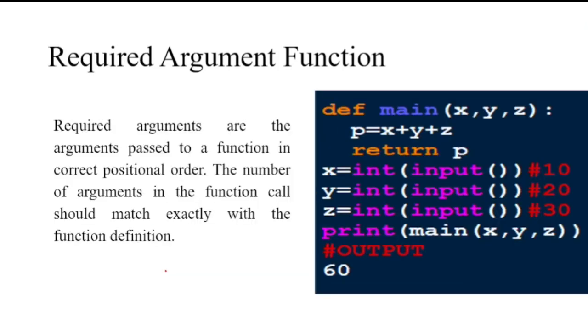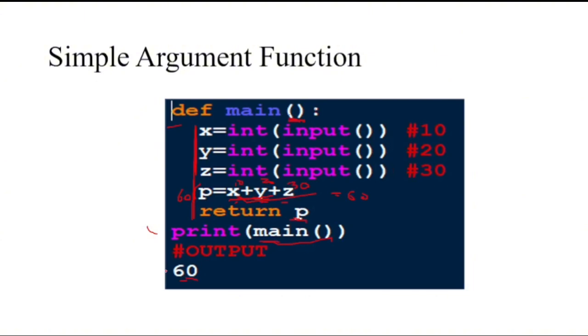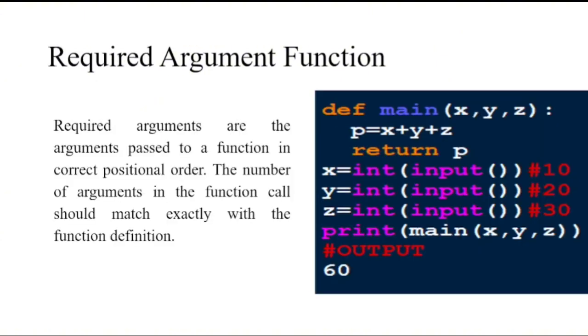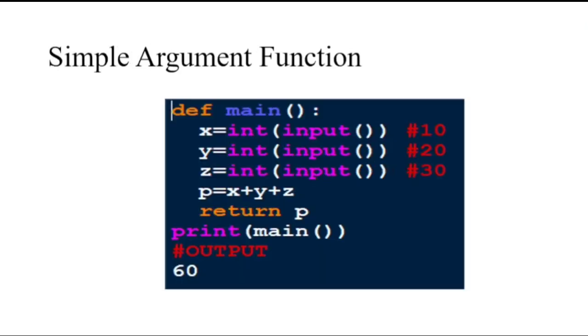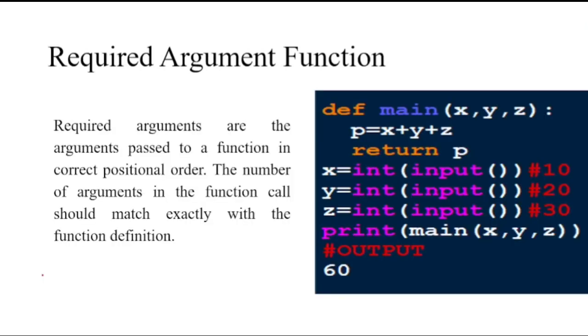That is for the simple argument function, and generally in Python. Next I want us to go to the required argument function. For the simple argument function, we said we don't need to have the arguments, and for the required argument function, now we need to have the arguments. So it is required to have the arguments.